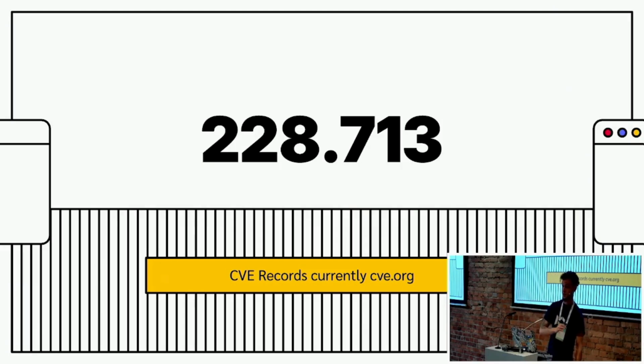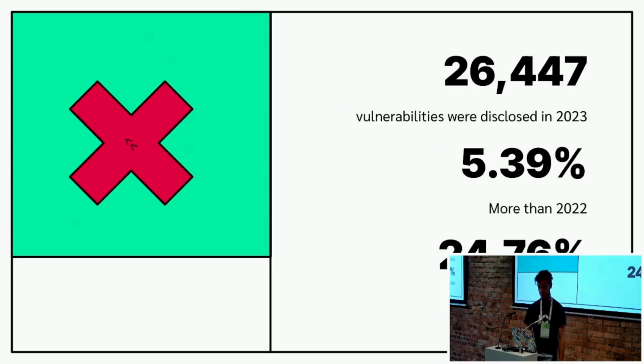And the problem with CVEs is that not all of them are critical for you, because yes, you might have software that is affected by a CVE, but does the vulnerability really affect you? You don't know. Because when we look at it, this number is growing really fast. Last year we had over 5% more CVEs than the year before, and we have 24% more than in 2021.